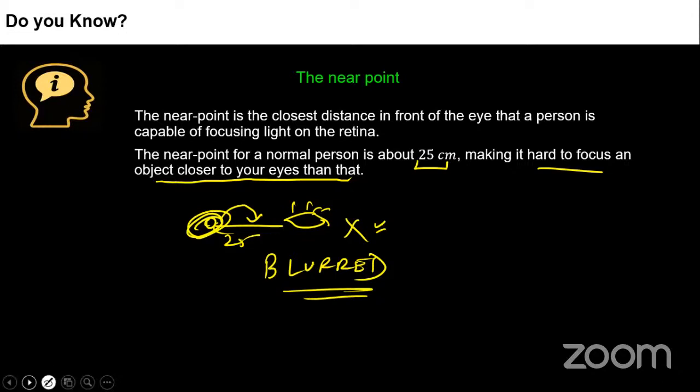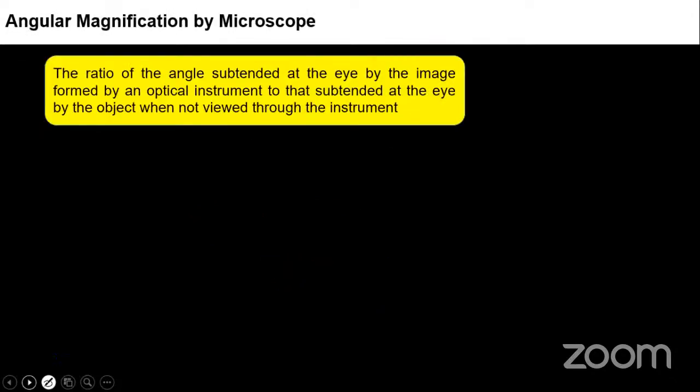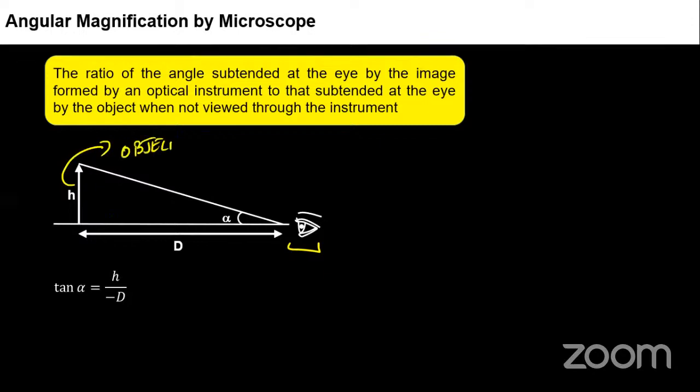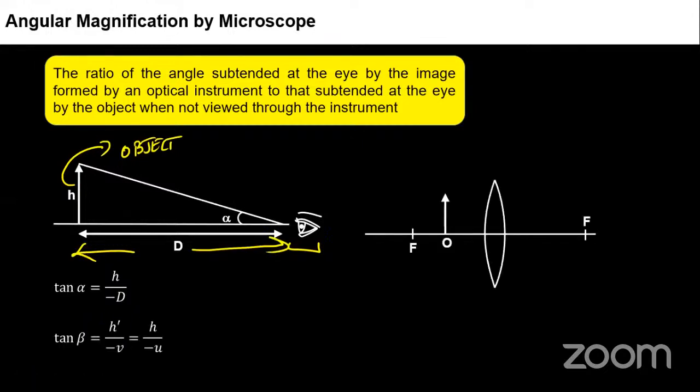Now let us move next. We'll see a little bit about angular magnification by a microscope. Suppose this is your eye, and suppose this is a ray coming. Suppose this is the height of the object h, and from your eye the distance of the object is d.